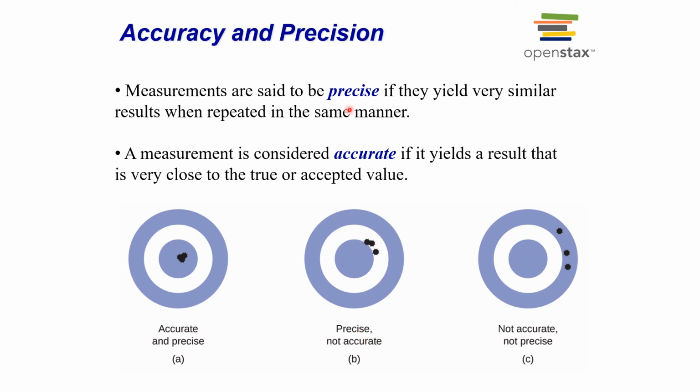Precision is how close together, or it's based on the standard deviation. If you've had a statistics class, smaller standard deviation is more precise. Accurate is whether or not your values, regardless of whether they're precise or not, cluster around a, quote, true value or an accepted value.